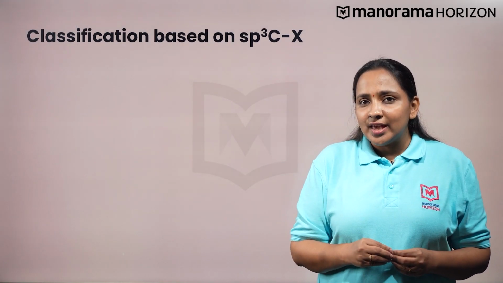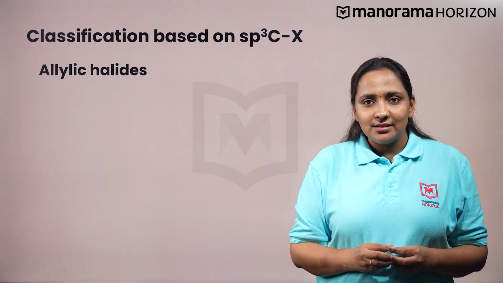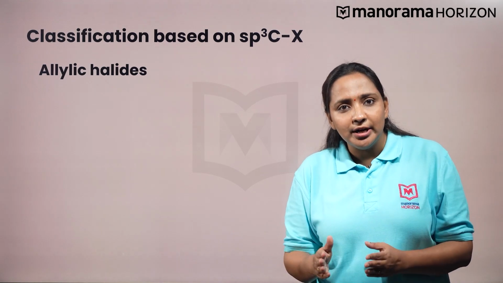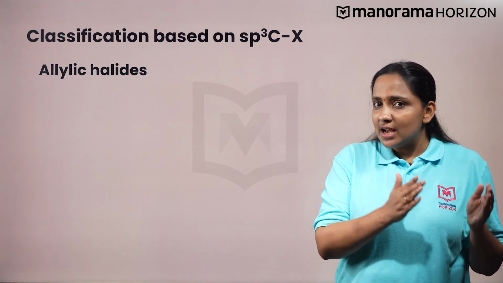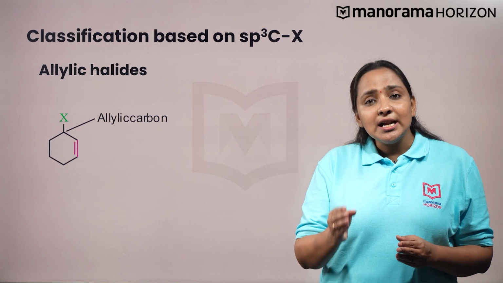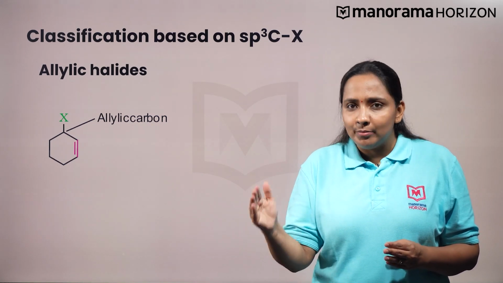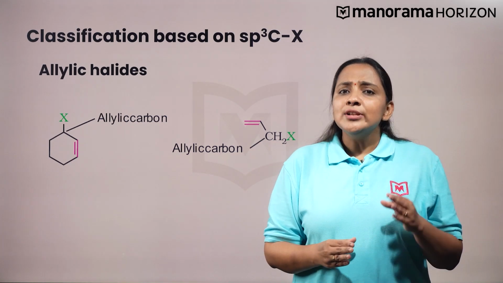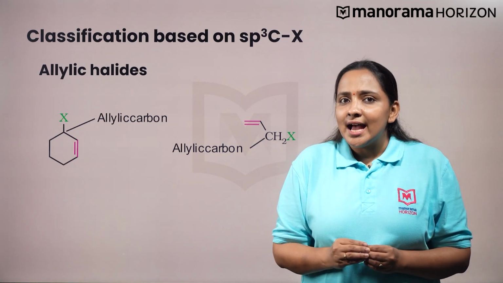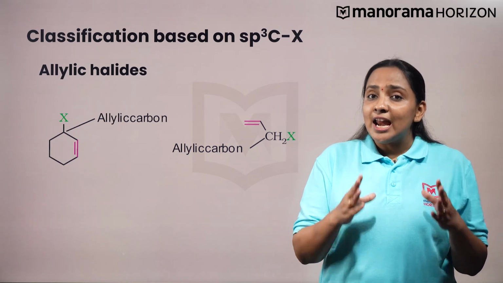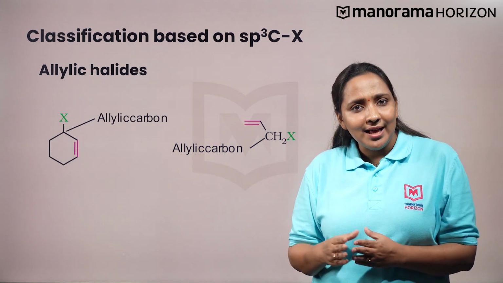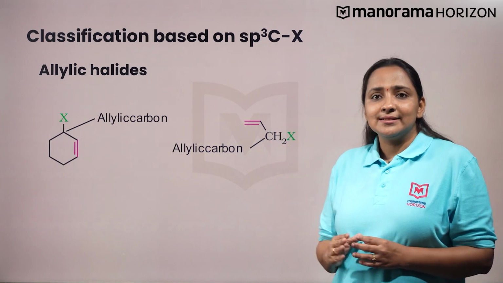The second classification is allylic halides. These are the compounds in which the halogen atom is bonded to an sp3 hybridized carbon atom which is adjacent to a carbon-carbon double bond, that is the allylic carbon. For simplicity, we can say that the compounds in which the halogen atom is bonded to the allylic carbon are known as allylic halides.